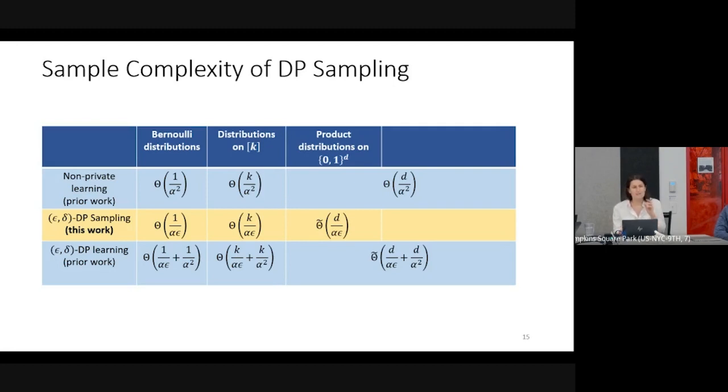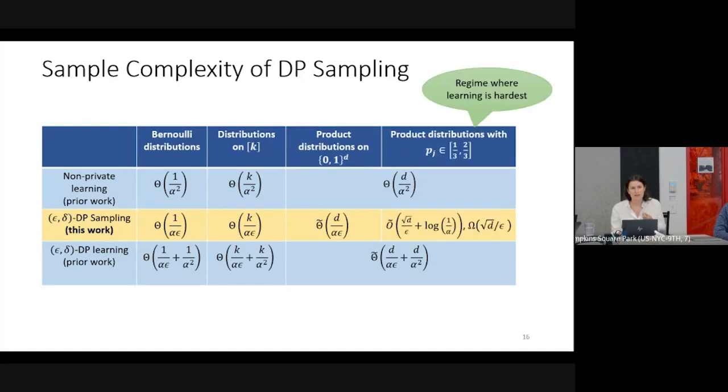And then we study this interesting subclass, products of Bernoullis where the bias on the Bernoulli is bounded by 1/3 and 2/3. This is the regime where learning is the hardest, but we actually find that you can privately sample from these types of distributions with roughly square root of d input samples.